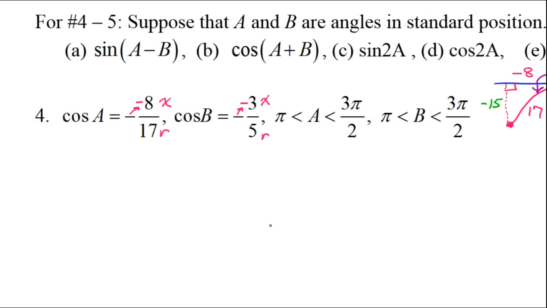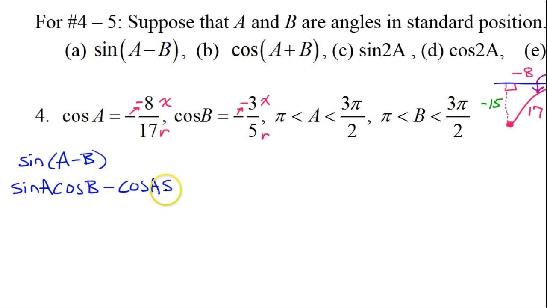So now let me set out to find all of the things I'm supposed to find. Let's start with finding sine of A minus B. According to the formula, this should be sine A cosine B minus cosine A sine B. Let's set all this up.